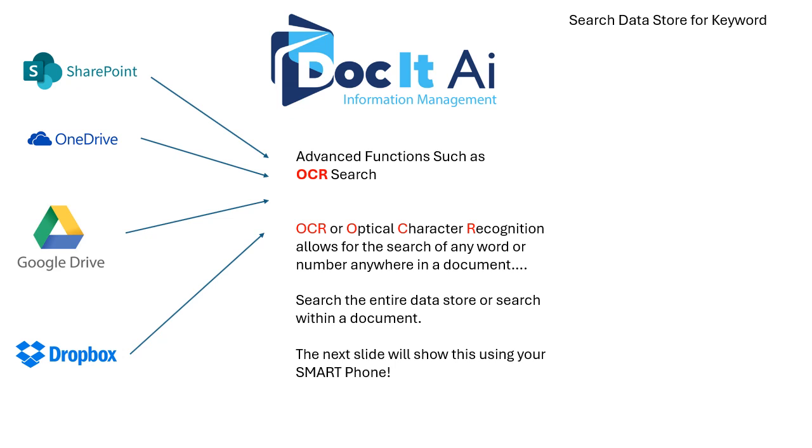OCR stands for optical character recognition, which just simply means that Google Drive or SharePoint or others are going to read the entire document and actually capture all of what looks like typing from the paper and be able to translate that into search criteria. You can search the entire data store or search within a document. So the next slide that we're going to be showing you is going to be using your smartphone for retrieving.